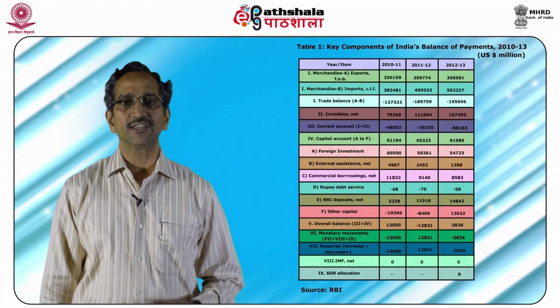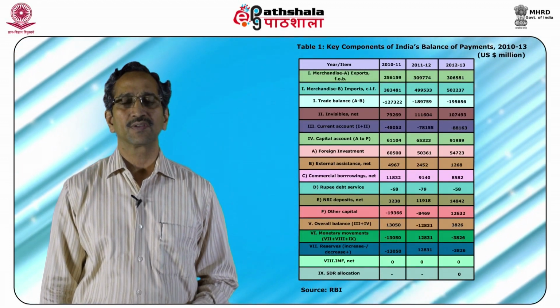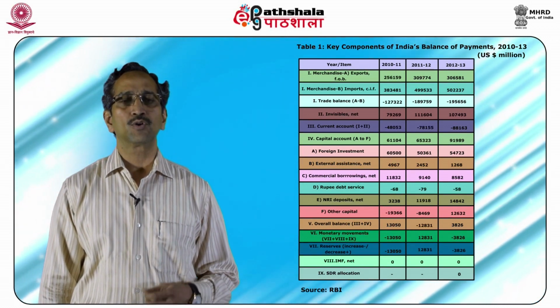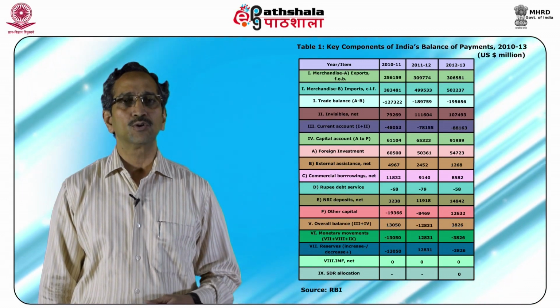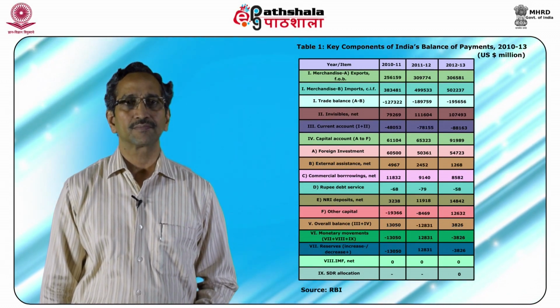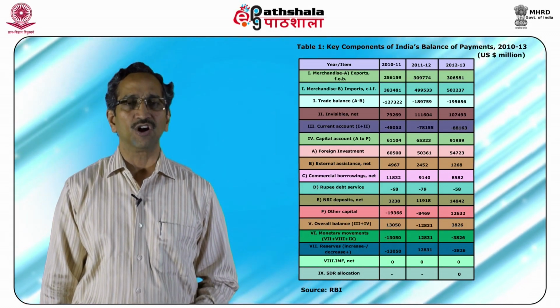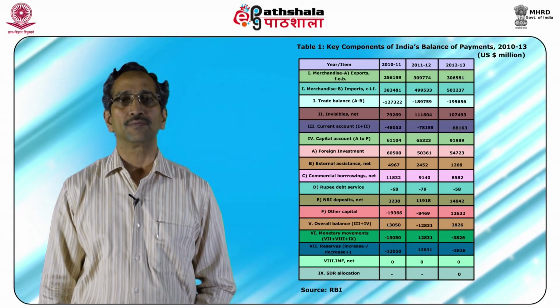To illustrate the balance of payment account further, the table presents India's balance of payments from 2010-11 to 2012-13, which will add clarity to your understanding of the balance of payment account.